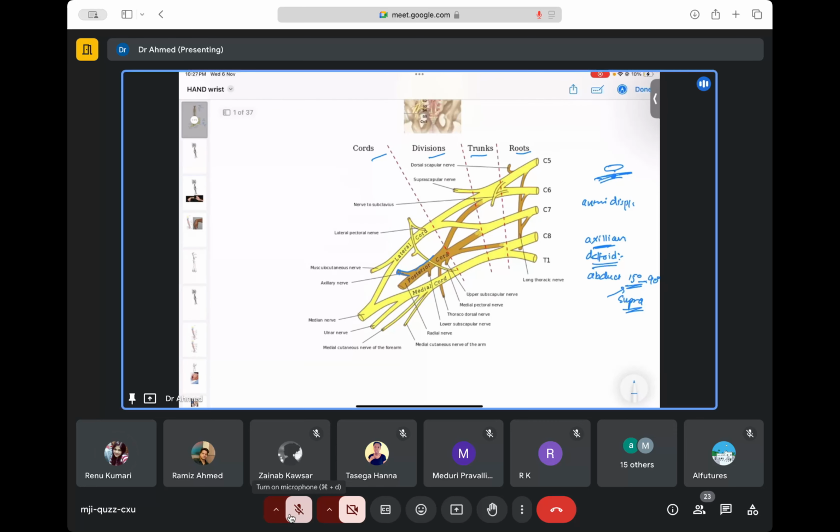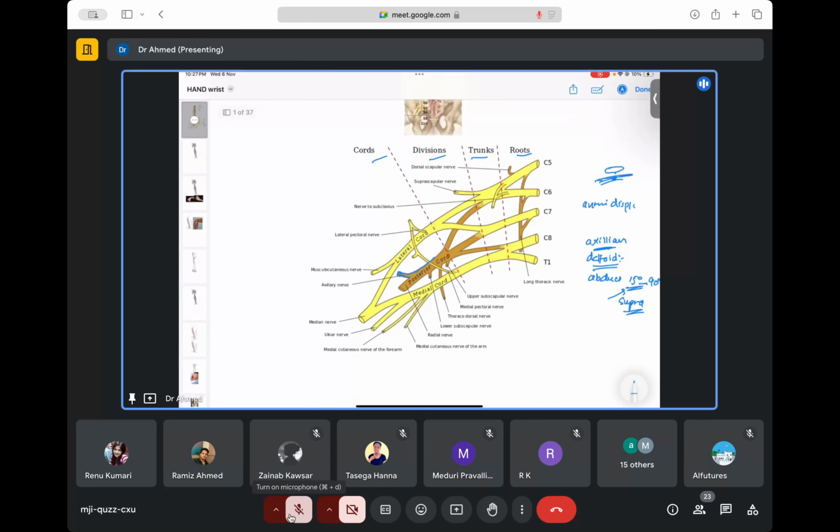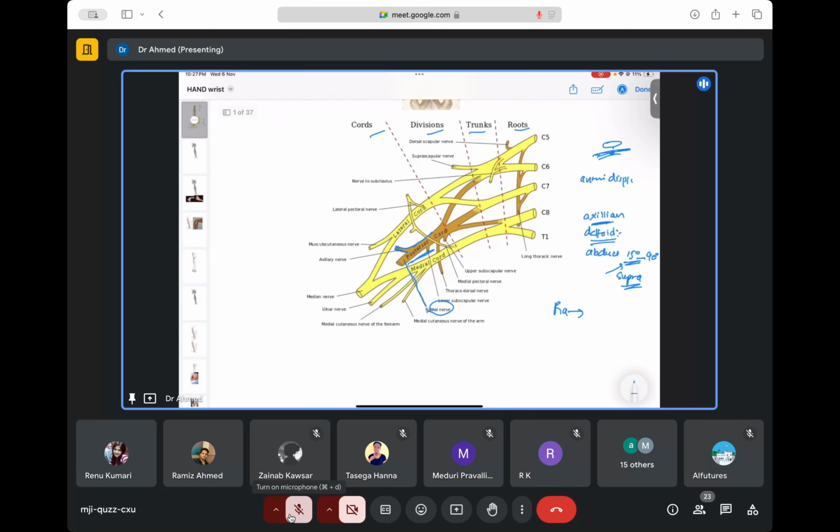Okay. Then we will be discussing another nerve, here you guys can see your radial nerve, right? The radial nerve also arises from the posterior cord. And you guys know the radial nerve is going to supply all of your extensor muscles, right? On the back of your arm, for example, this is your arm, your forearm, and your hand, right? So on the back, you have the triceps muscle, right?